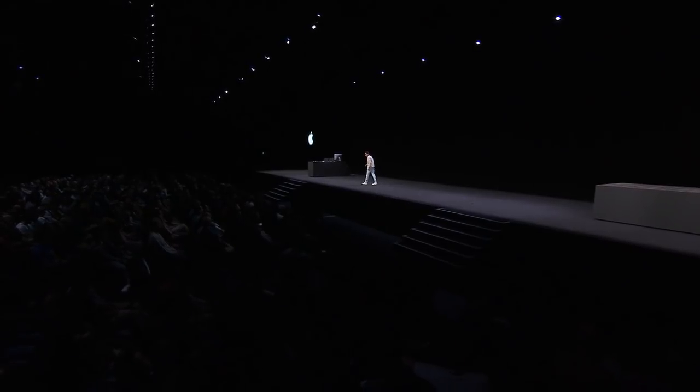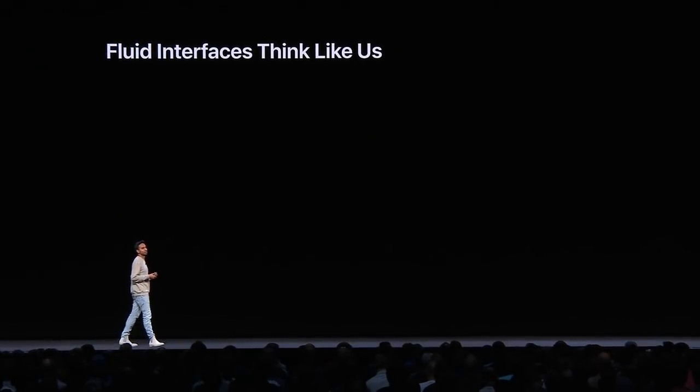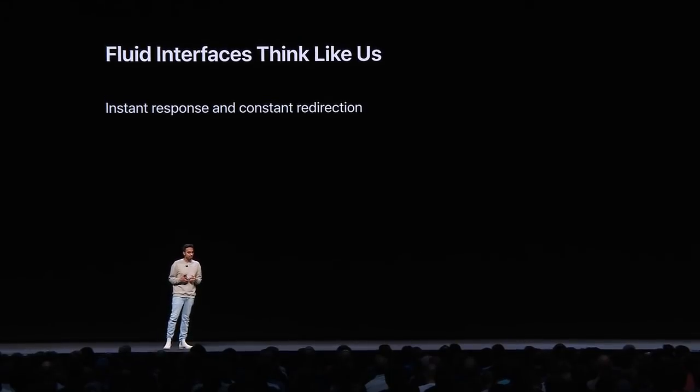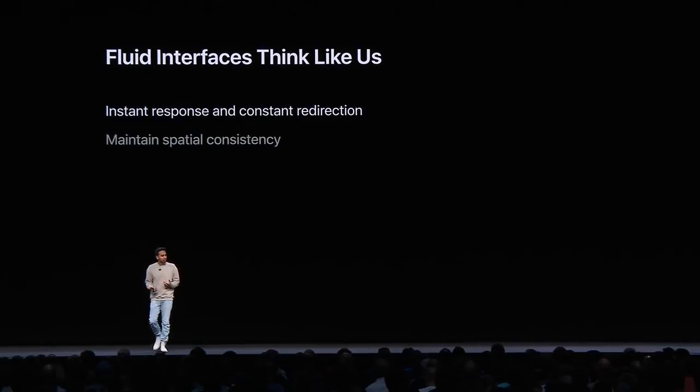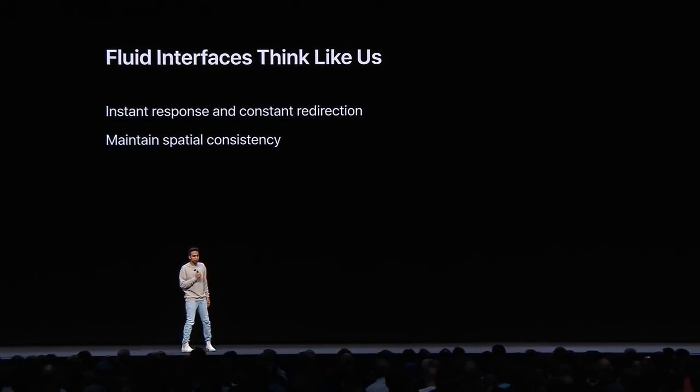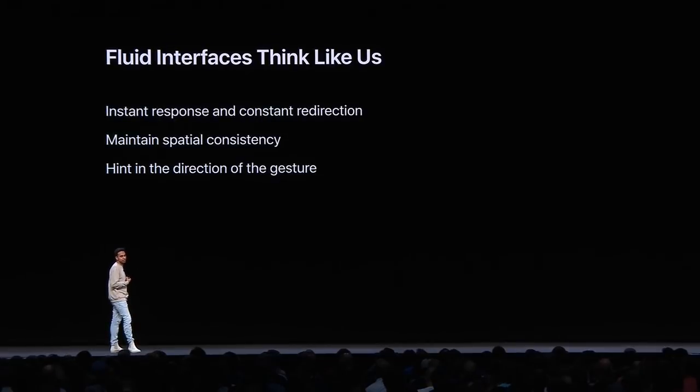So that's a little bit about how to design interfaces that think and work like us. It starts with response, to make things feel connected to you and to accommodate the way our minds are constantly in motion. To maintain spatial consistency, to reinforce a consistent sense of space and its symmetric transitions within that space. And to hint in the direction of the gesture, to play into our prediction of the future.